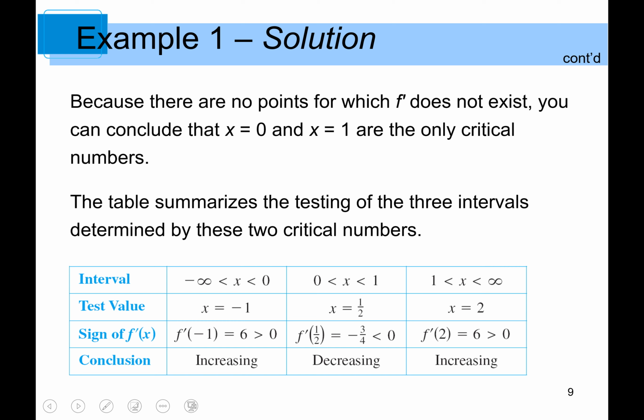So this is the solution of what we just covered, and the table below. This table is super useful, and you should definitely utilize it to test the intervals for increasing and decreasing. The two critical numbers are super important to separate the domain into 3 different subintervals and test each interval correspondingly.